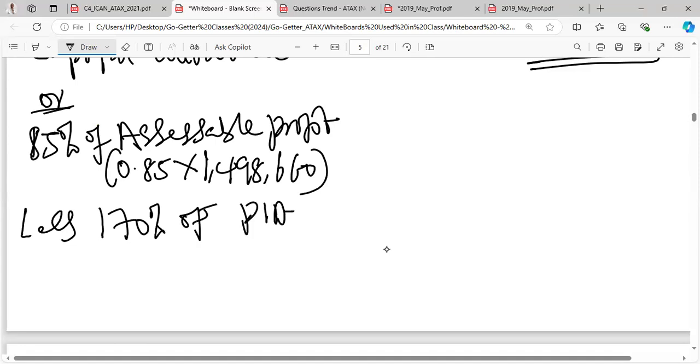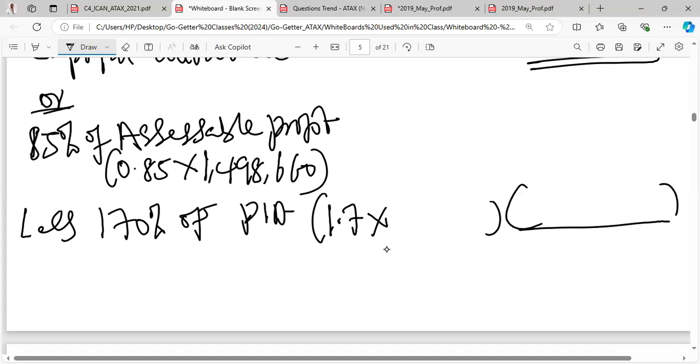So that would be 1.7 times whatever we calculate as our PIA. Anything we get, we'll less it from what we have here.